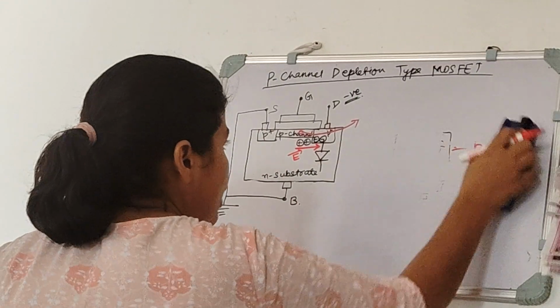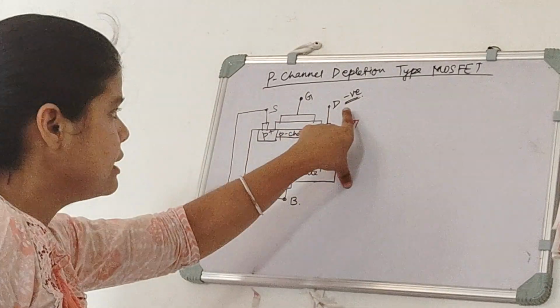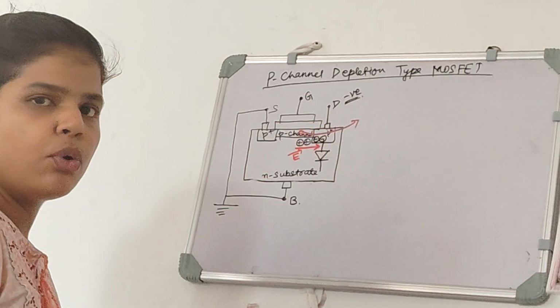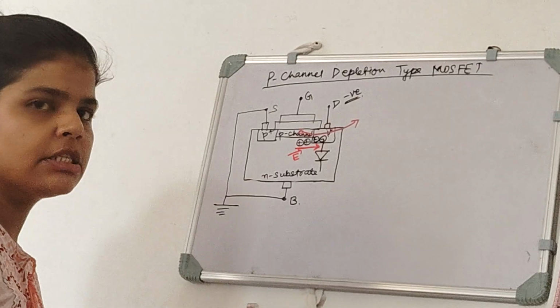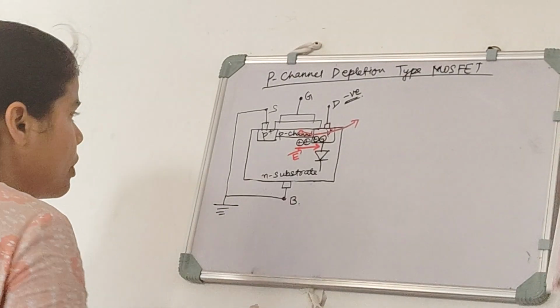Okay. Now, if we keep on increasing this drain voltage in negative direction, that is, if we make our drain more and more negative, what will happen?